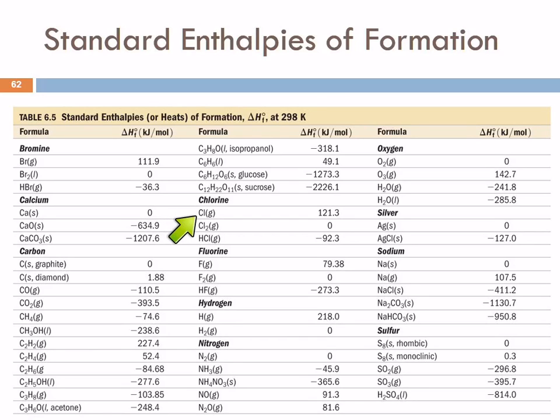So there's chlorine atoms, chlorine molecules. That's the standard state right there, Cl2 gas. And if I look for sodium, there's sodium solid and sodium gas. Well, sodium solid is the standard state. And then while I'm here, I'm going to look up the heat of formation for sodium chloride because it asks me to include that. Negative 411.2.